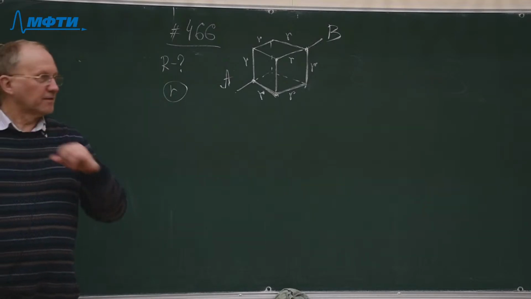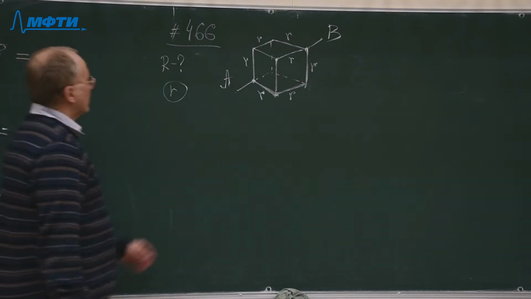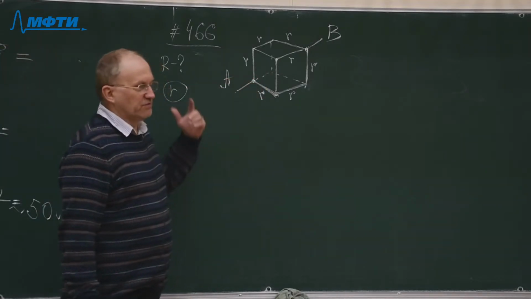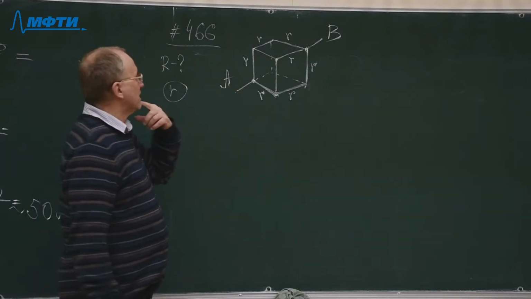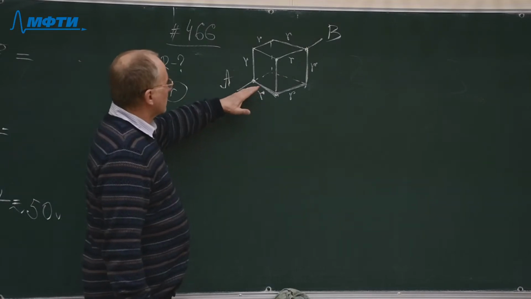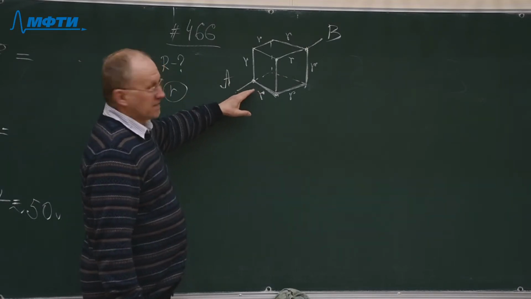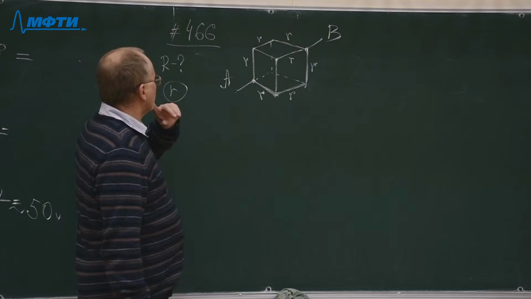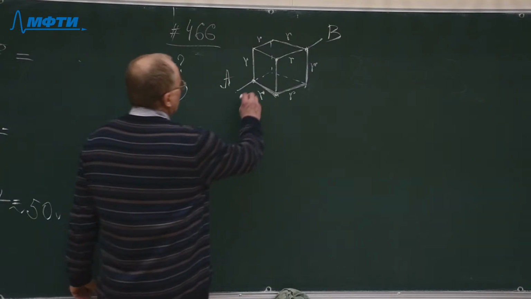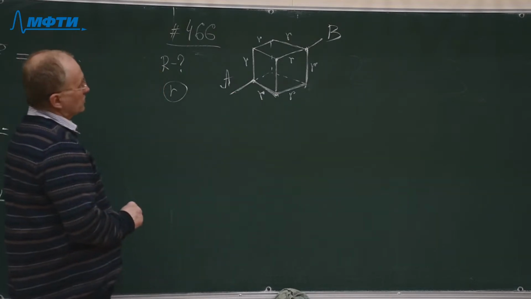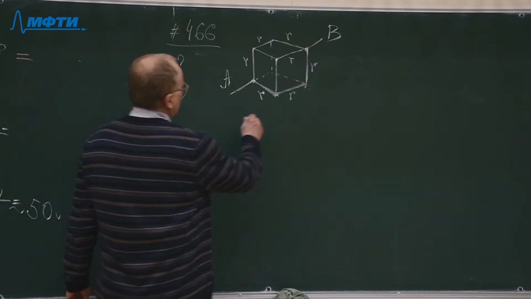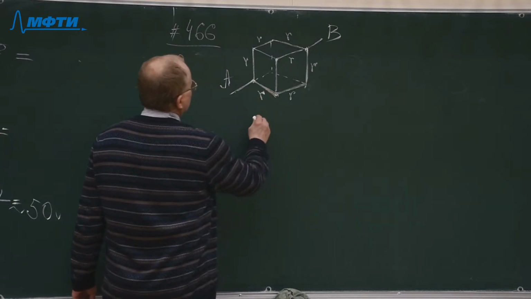But this complicated connection can be simplified. It can be reduced to something simpler if we recall that a cube has some symmetry. And the symmetry which is important here is symmetry with respect to rotation.